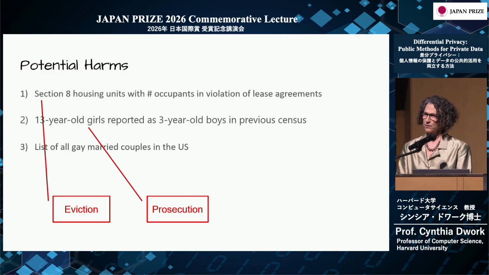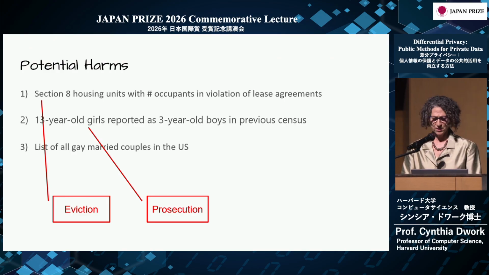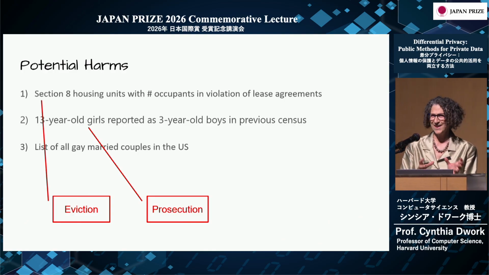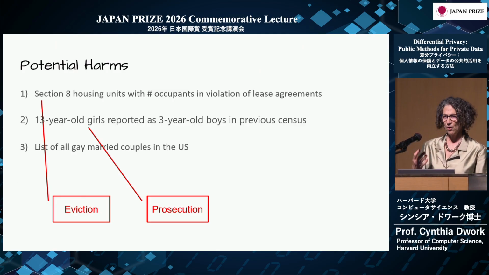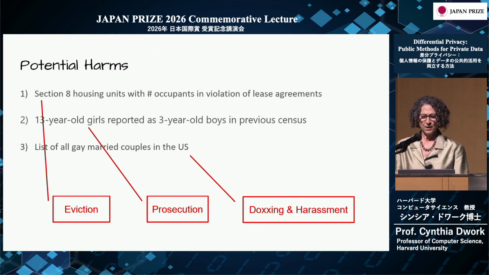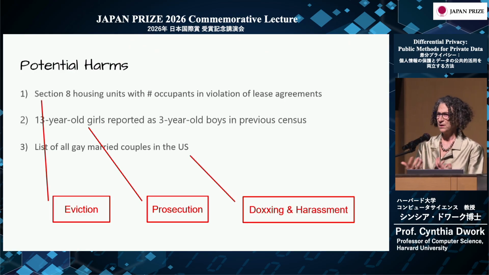And another thing that could happen if confidentiality is not properly protected is that somebody that lives completely in a different part of the country could compile a list of all of the gay married couples in the United States, resulting in doxing and harassment of gay people.